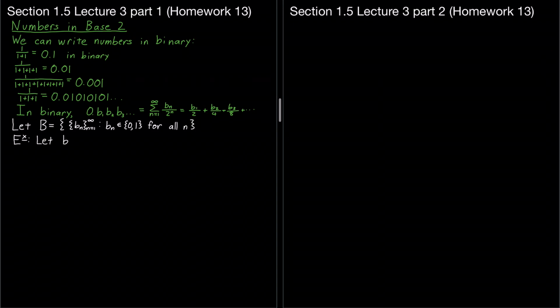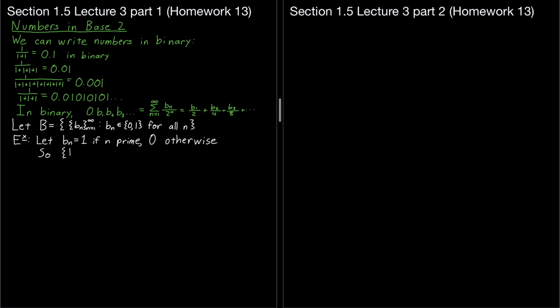So let me give you an example element. Let Bn be 1 if n is prime, and 0 if n is not prime. So if it's composite or 1, then remember n is not prime.